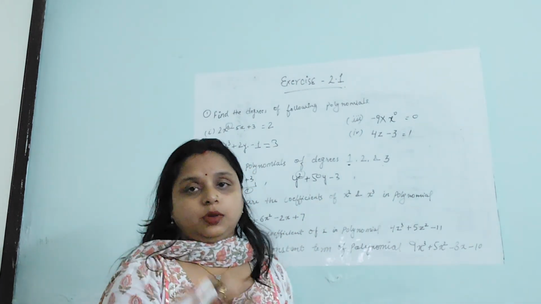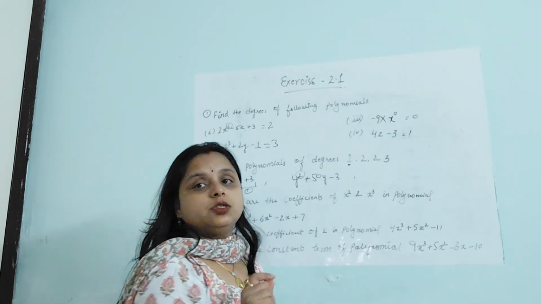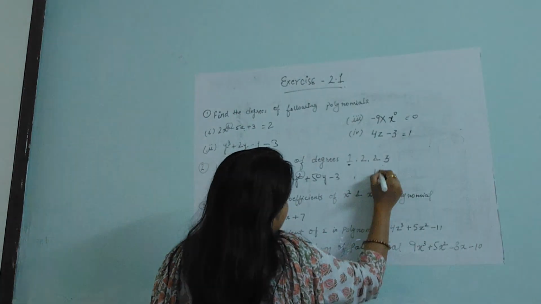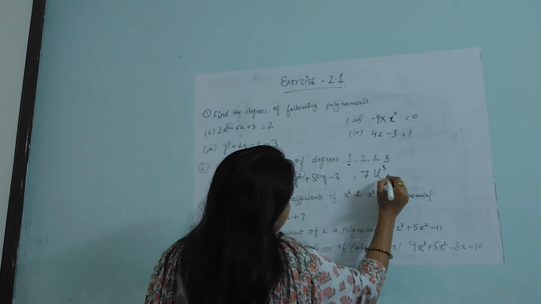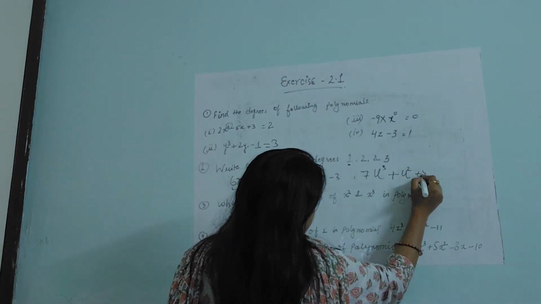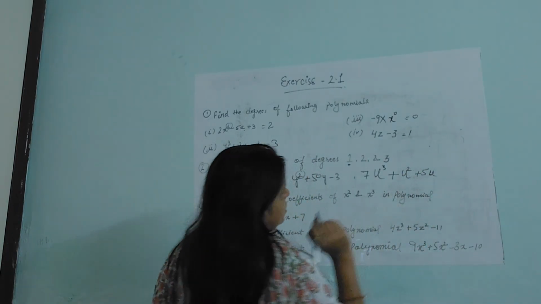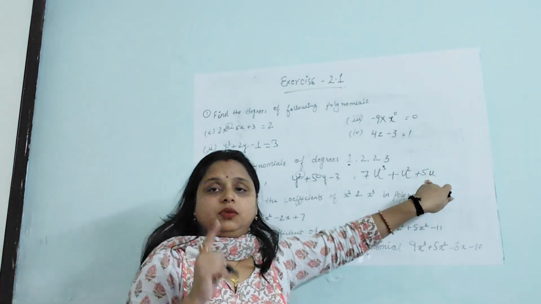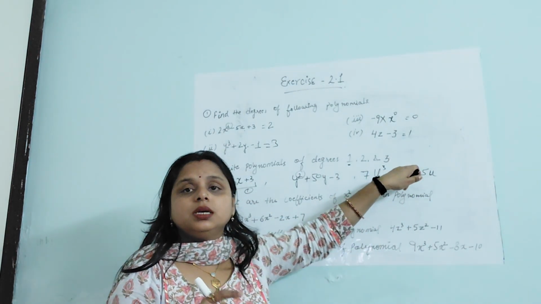Again, the polynomial in which the highest power of the variable should be 3. So can we write u to the power 3 plus 7u plus u square plus 5u. Okay, so here we have only one variable, that is u, and its highest degree is 3.